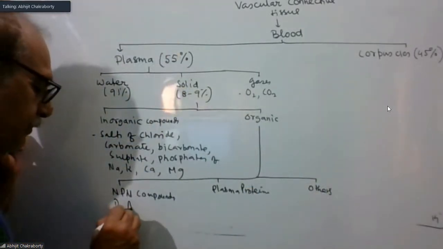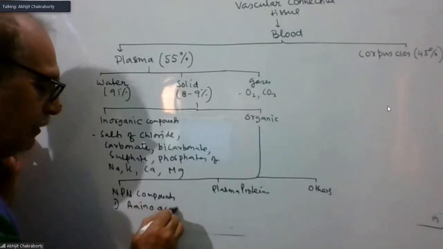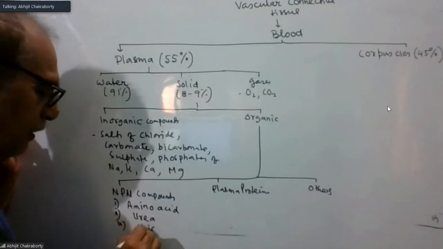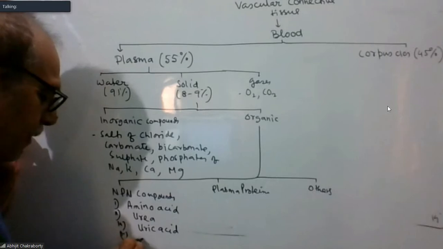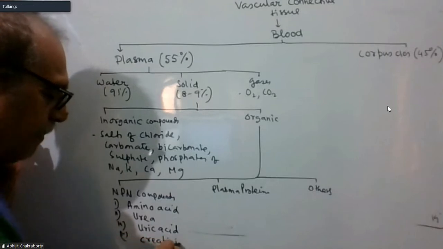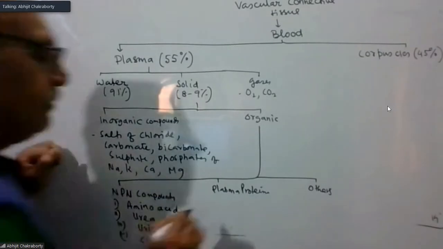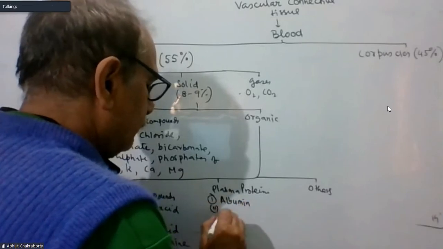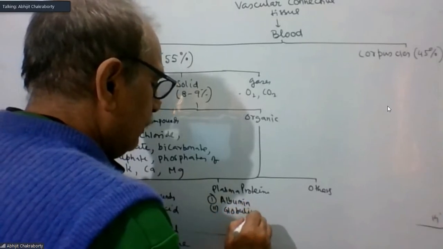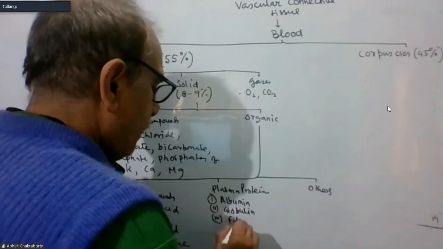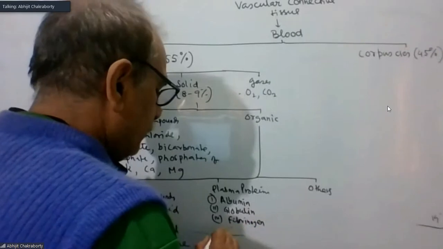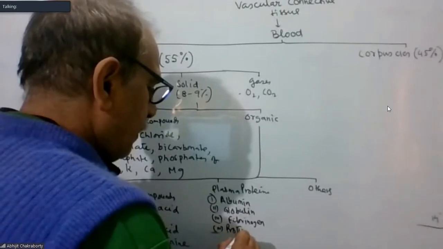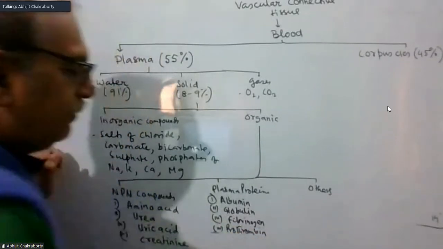NPN includes amino acid, urea, uric acid, creatinine, etc. Plasma protein includes albumin, globulin, fibrinogen, prothrombin.